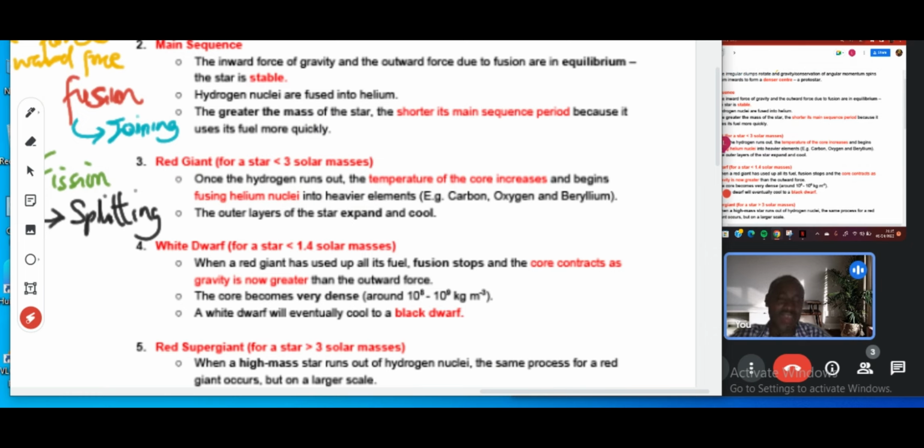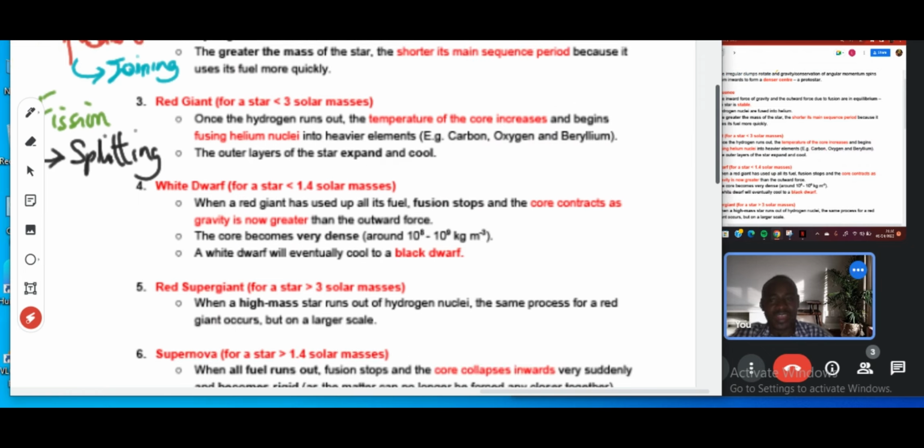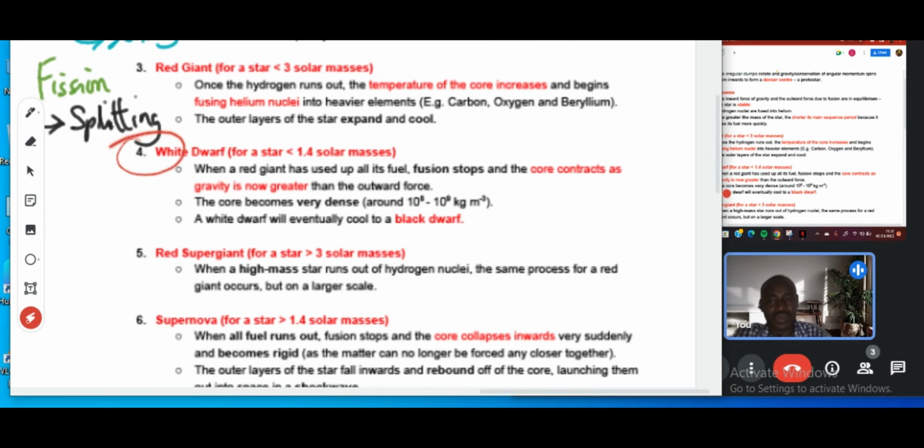It was the hydrogen that joined to form the helium. Now, helium begins to fuse to form heavier elements like carbon, oxygen, and beryllium. And so the outer layer of the star also expands and cools. Then it takes us to the next one, number 4, what's it called?